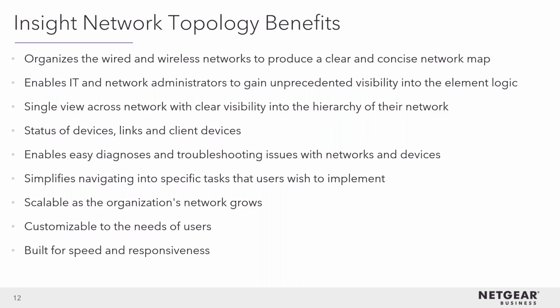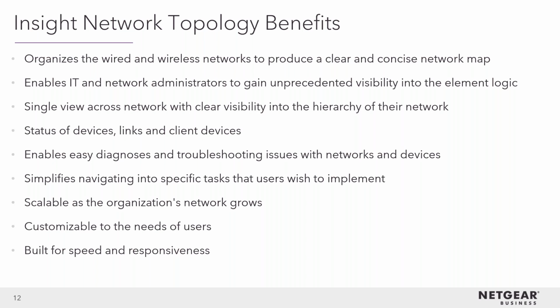So obviously the Insight network topology benefits are many. It's very clear to see that it has the ability to visualize and give you an understanding of a network that was not possible with just static information. This also allows you to see the relationships and the hierarchy of your network, which is also very important to gaining understanding on why something may not be working.